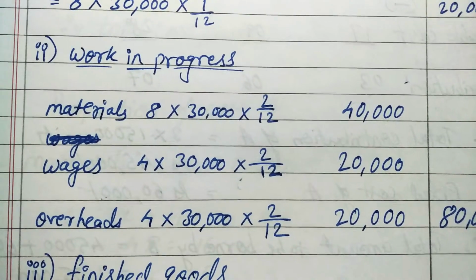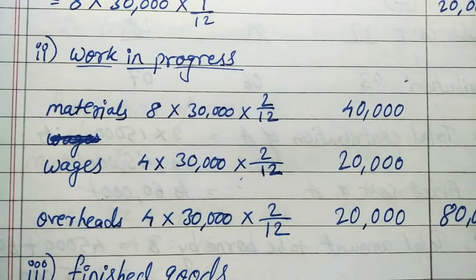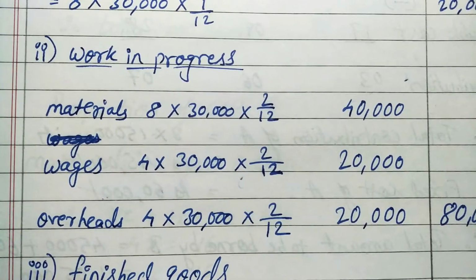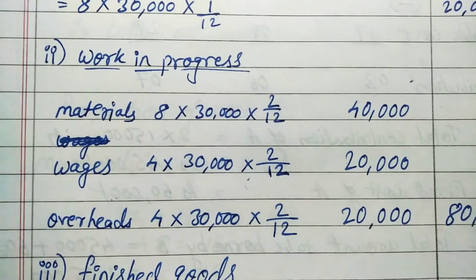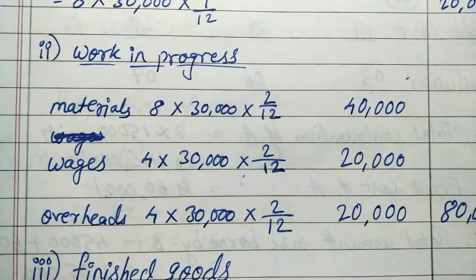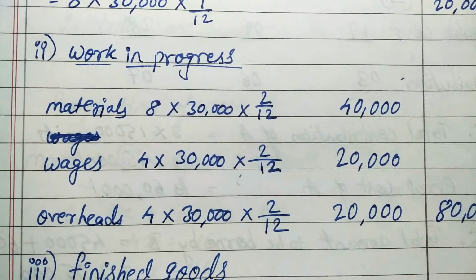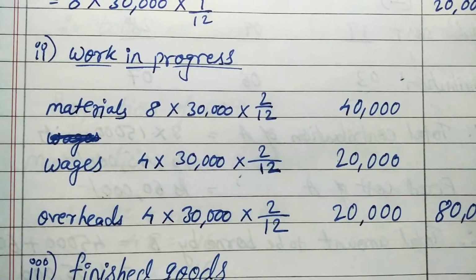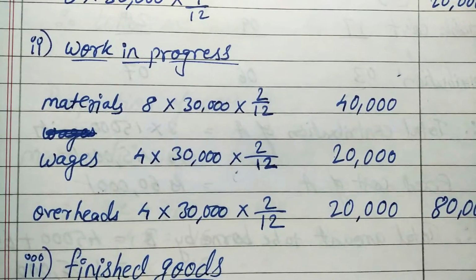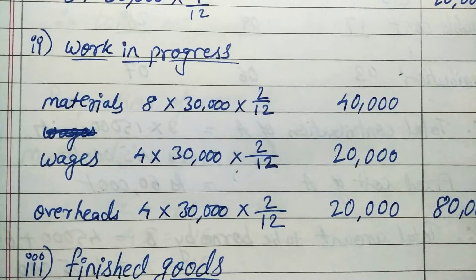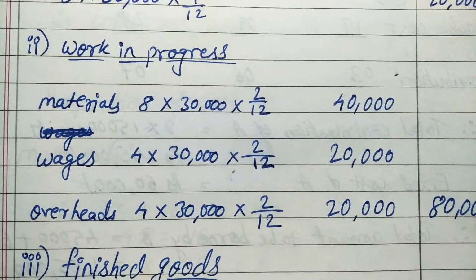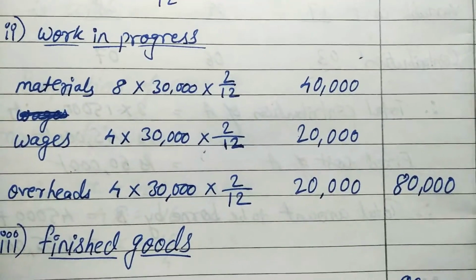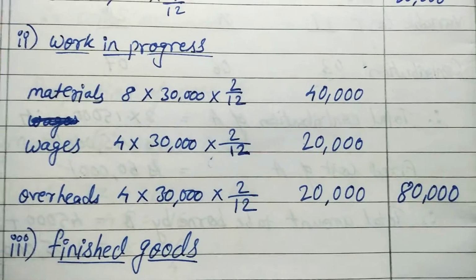And we know that the overall work in process is for 2 months, which is given in the question. So we multiply 8 into 30,000 into 2 upon 12, or here 4 into 30,000 into 2 upon 12 for wages and overheads respectively. We get the values as 40,000, 20,000 and 20,000. So the total work in progress comes to 80,000 rupees.